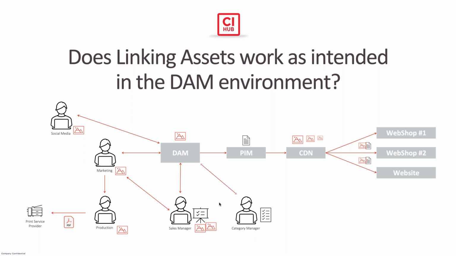And there's the category manager, does the same job. He wants to prepare the next rollout and he needs another asset to complete his Excel sheet, download, and then, oh, it's a 45 megabyte TIFF file, doesn't work in my Excel sheet. I'm going to ask the sales manager, and he says, come on, ask the marketing guys.